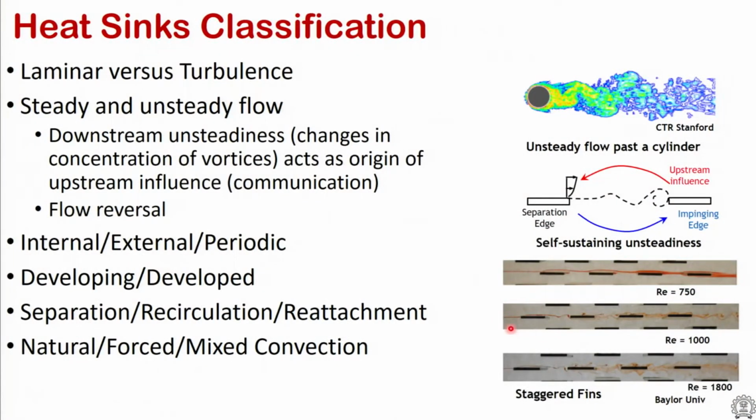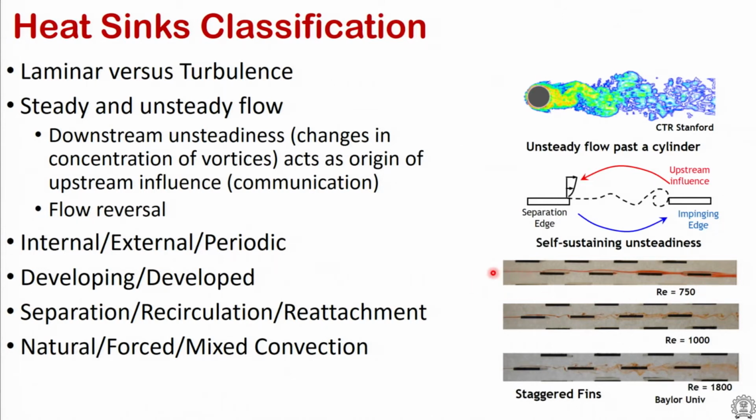And strip fin is one such geometry. What you are seeing here is the top view, and there is a fin strip here, another strip here. As the flow exits this, there is vortex shedding, and this vortex starts to influence the core flow that is happening here. And you can see here a water dye flow visualization at a Reynolds number, defined here, of 750.